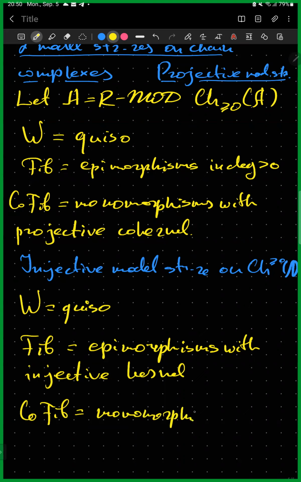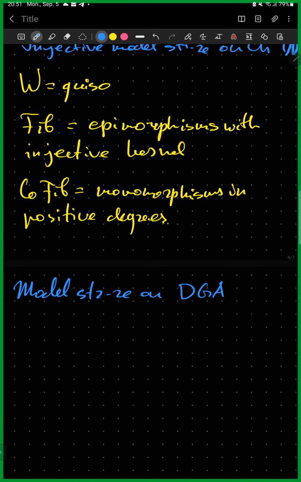Okay, so another similar example is the model structure on differential graded algebras. I think that I will restrict to the case of commutative differential graded algebras.